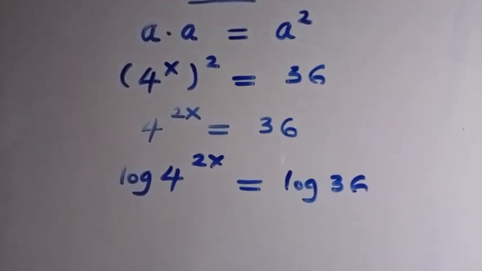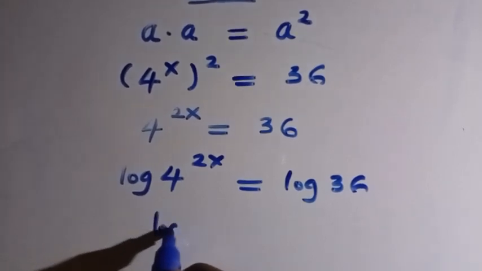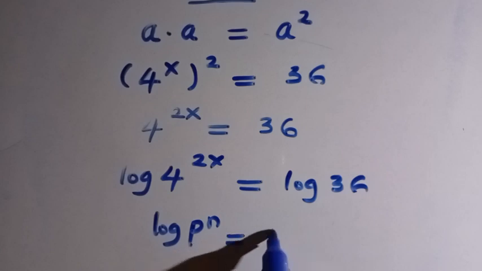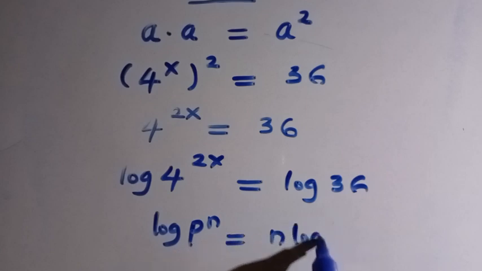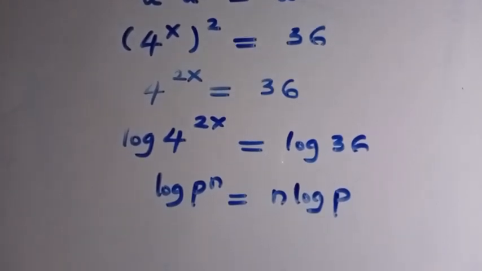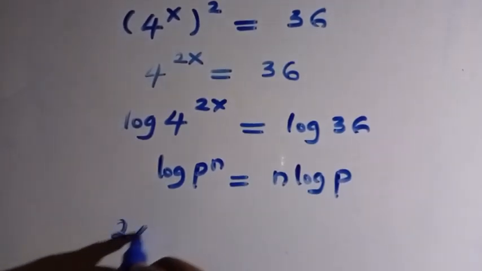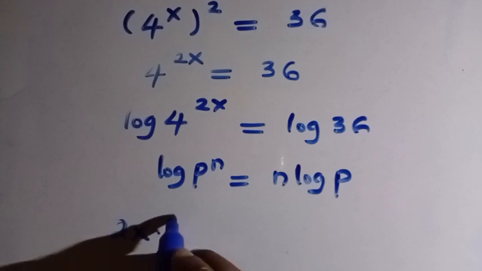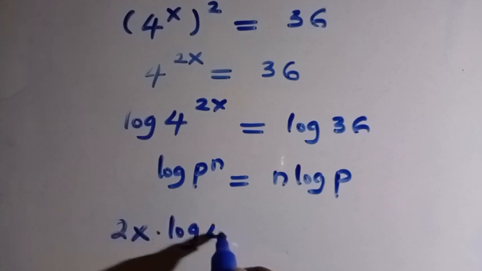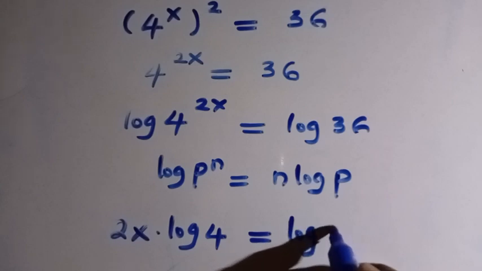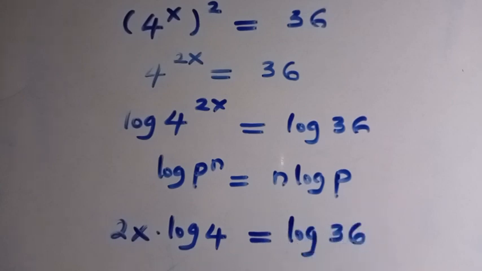So let's say we have log p raised to power n, this equals n multiplied by log p. By applying it to this, we have 2x multiplied by log 4 equals log 36.